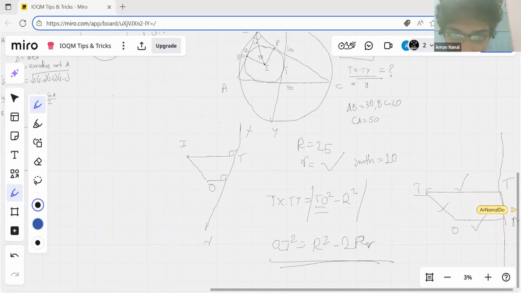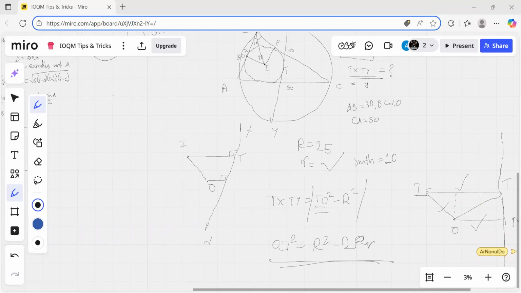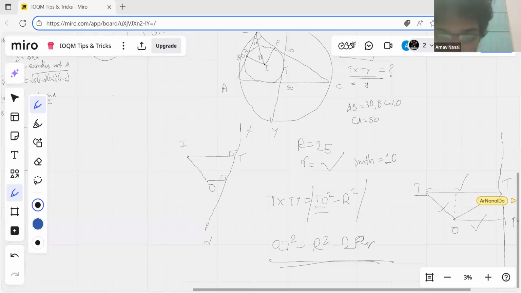Just drop a perpendicular here, do some computations. Using this, you can calculate OT, and then you're done, because you just do OT square minus R square and you get the power of T with respect to the circle. N is the intersection of XY with AC? No, M is the midpoint of chord XY, so the perpendicular from O to XY.